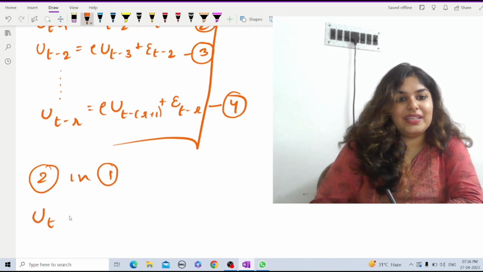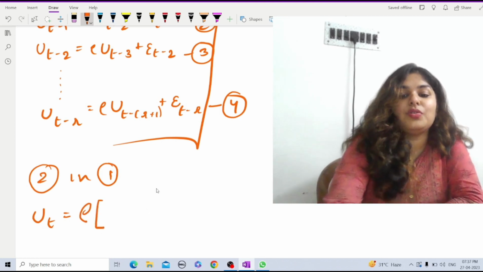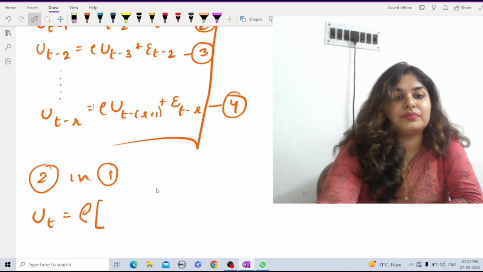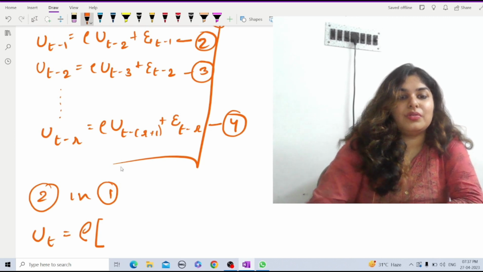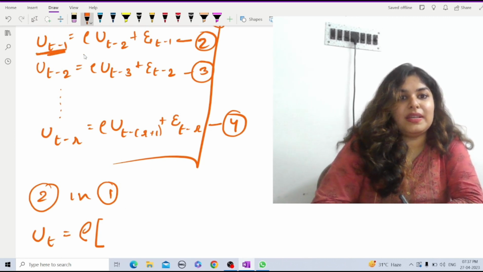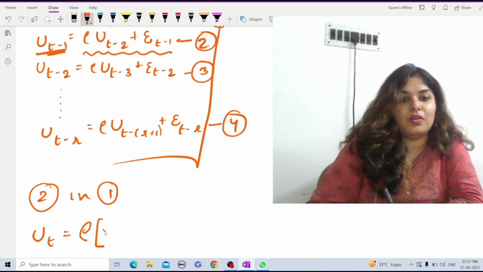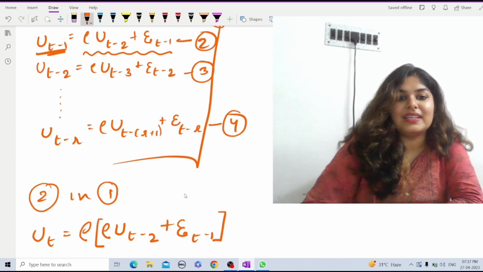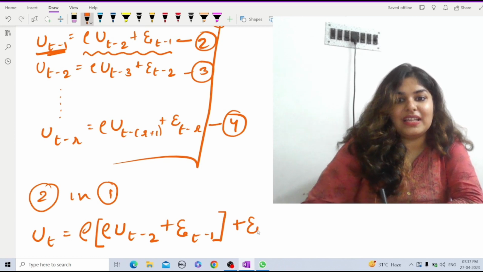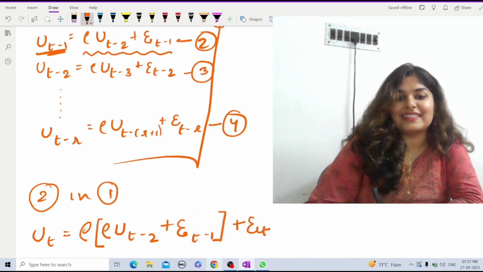We get ut equals rho ut minus 1. What am I going to put? I'm going to write down this u. So in this ut minus 1, I'm going to write rho again ut minus 2 plus epsilon t minus 1, and I already have epsilon t, correct?